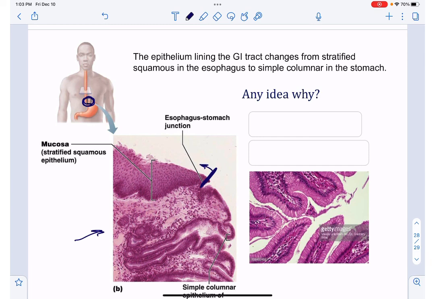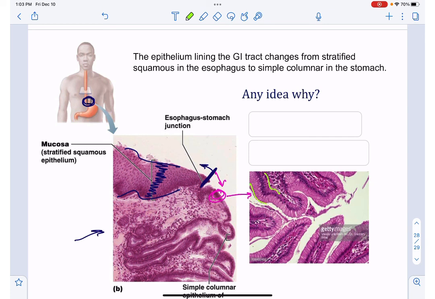This is the esophagus, and here is our stratified squamous epithelium, which has a protective role. But now, when we move into the stomach, the epithelium changes. I'll use this, it will stand out better.